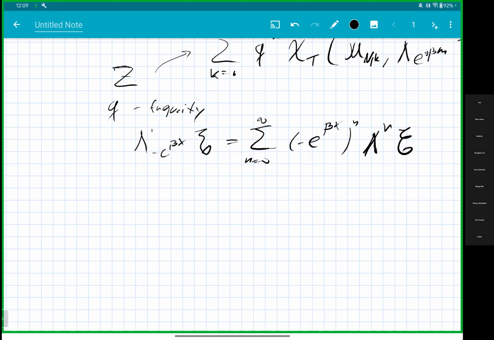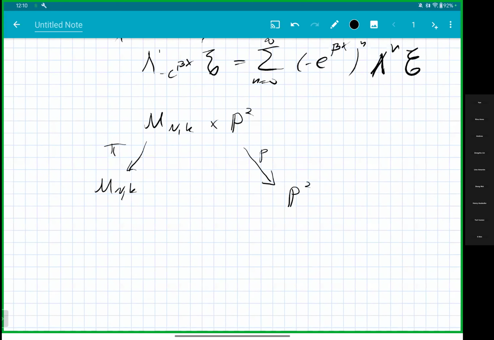Because M_{n,k} is the moduli space, it has a universal sheaf, and it has these projections. We could construct a class in the K-theory of M like this.